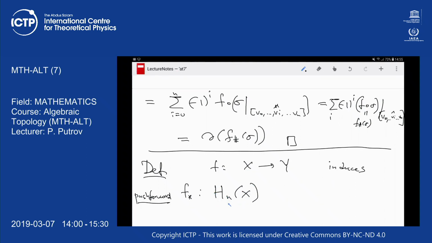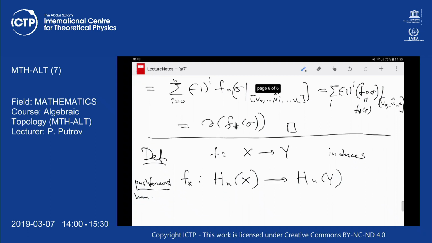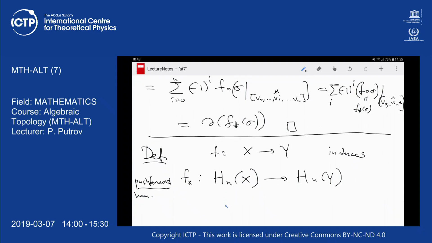It's defined for any n, and takes Hn of X to Hn of Y. So it is the push forward homomorphism between abelian groups Hn of X and Hn of Y. And it's defined as follows.